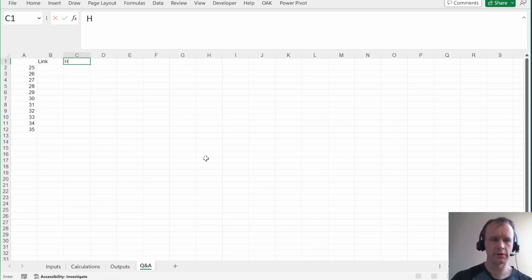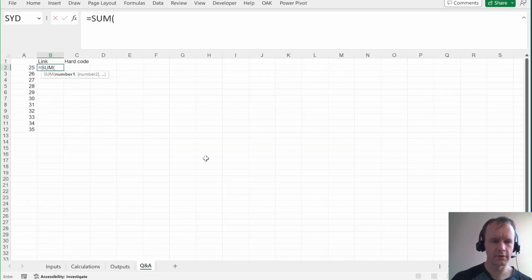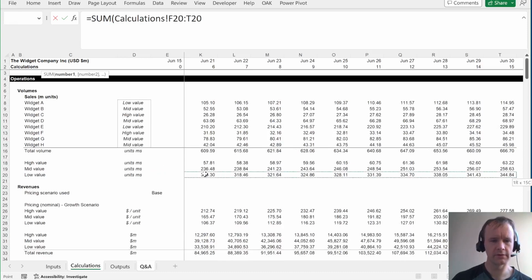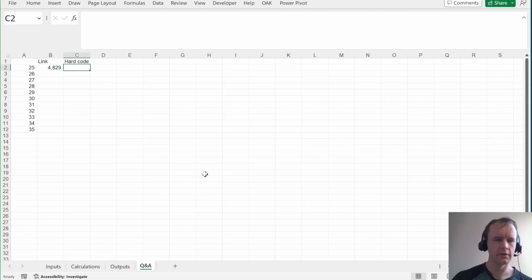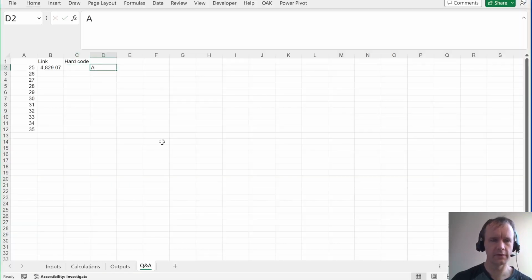So link and hard code, just so I can fix it later. Okay, so now we're interested in low volume in the base case. 4829 places 0.07. That's A. Okay, that wasn't too bad.